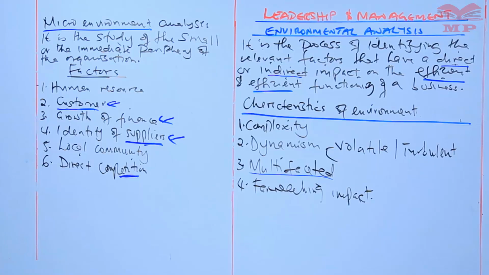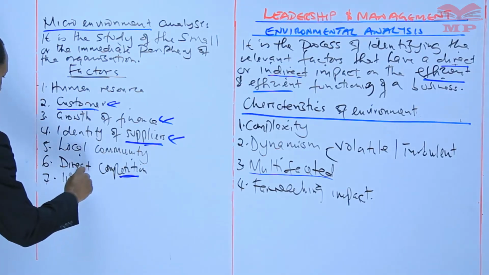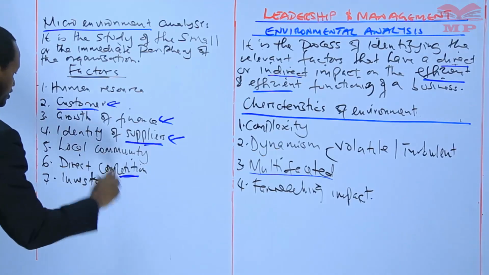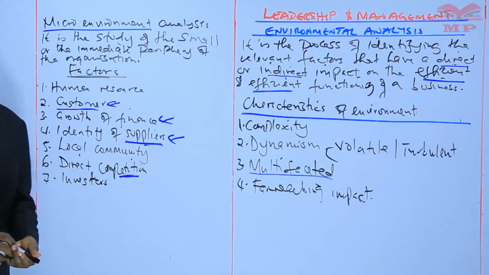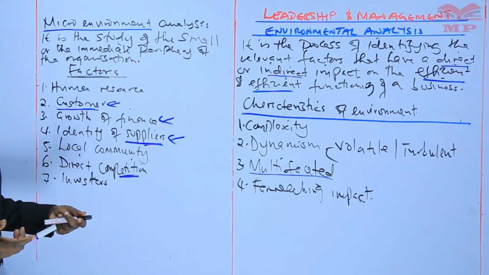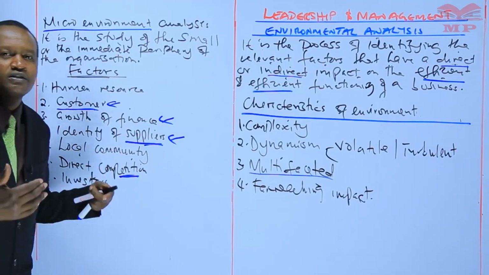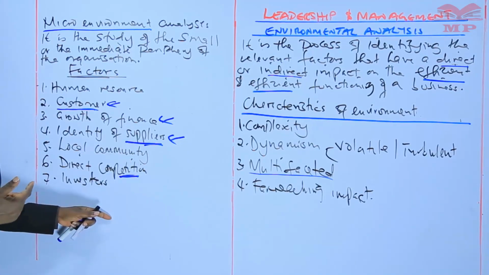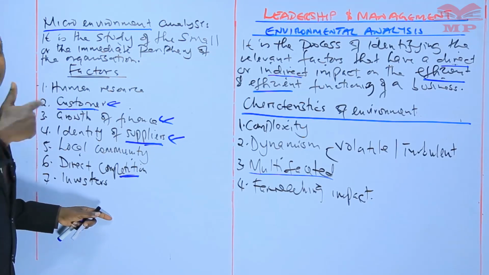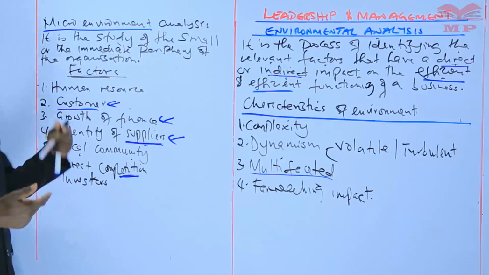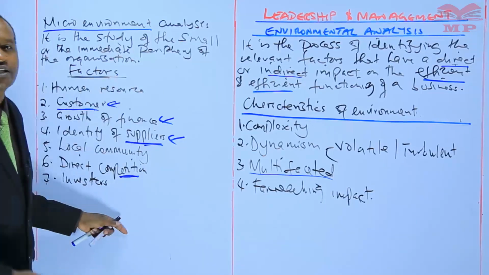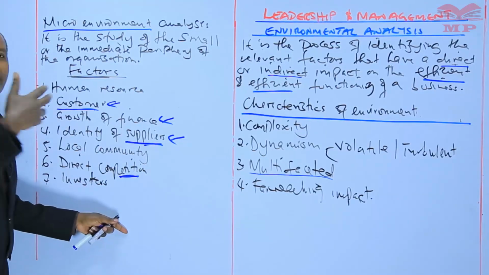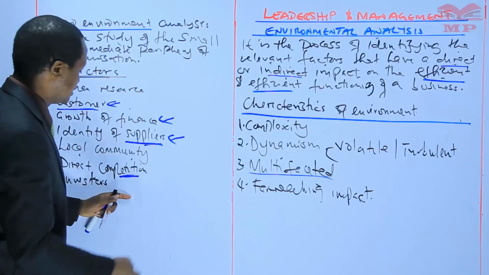Another important factor I didn't mention here is investors. These are the owners, these are the creditors who provide finance to an organization. An organization can obtain financial resources from shareholders, from debenture holders, from banks, from financial institutions, and so on.